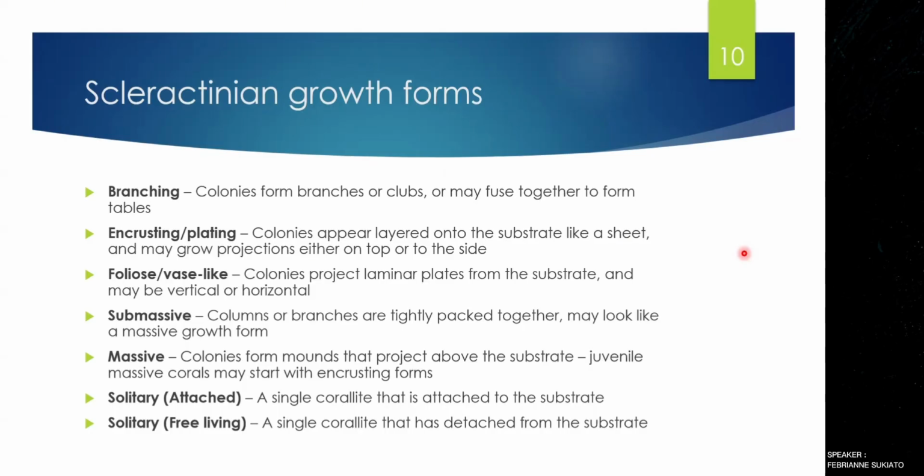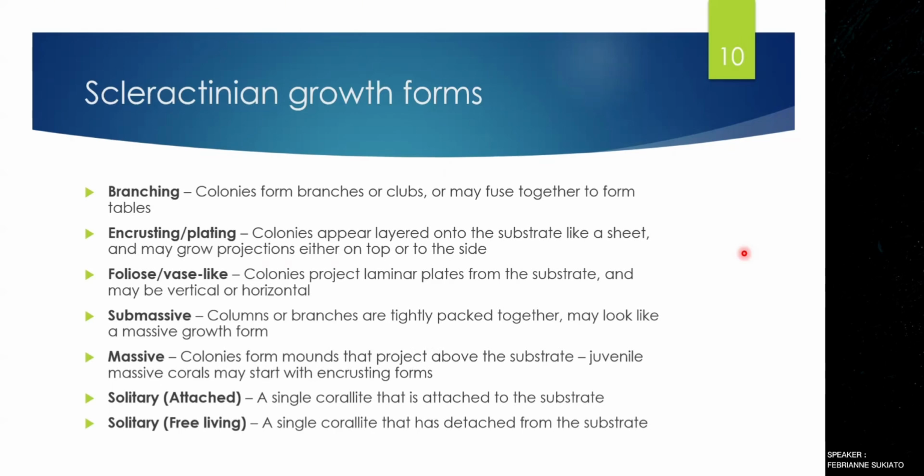Then foliose and vase-like, which basically forms little vases, or sometimes sheets off the substrate. Submassive, which is a bunch of columns packed together, and it looks like a massive sometimes, but it's actually a bunch of branches together, really thick clumps.